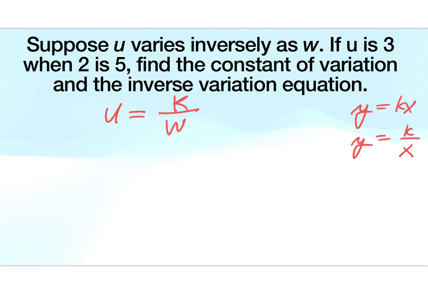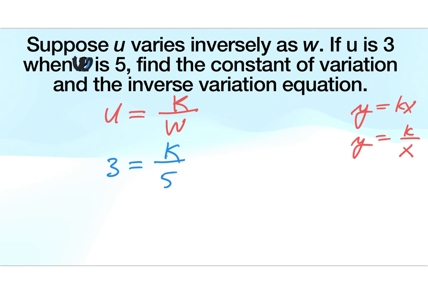Then plug in values. It says if u is 3 when 2 is 5, that's probably supposed to be a w. That would make sense, because I don't have a 2 anywhere. When w is 5, there we go, shaded in.